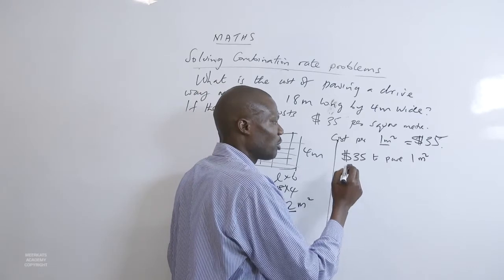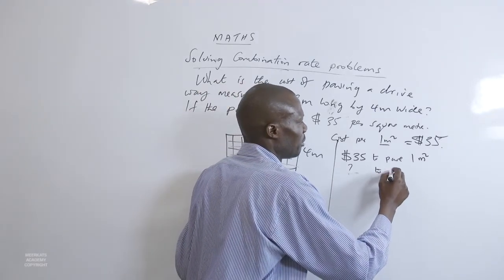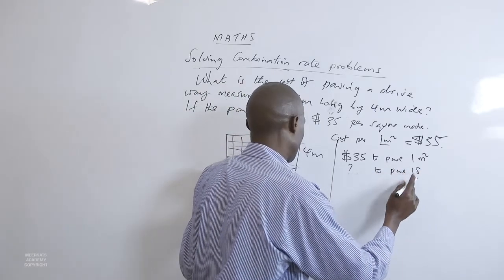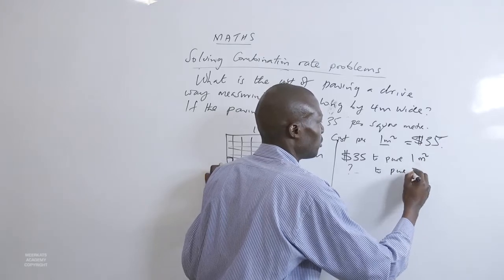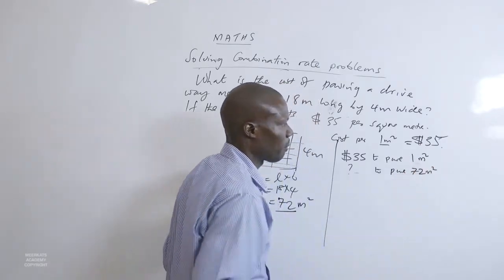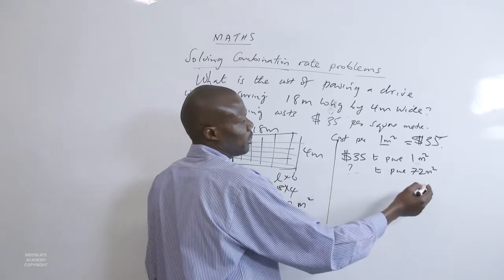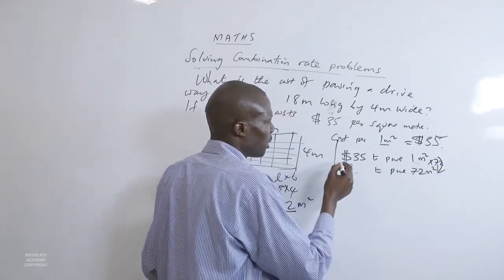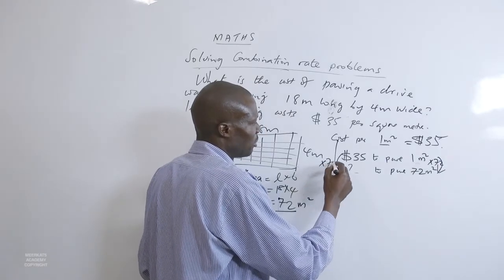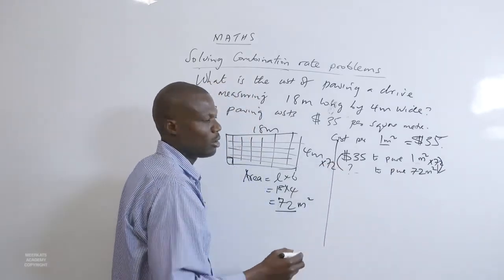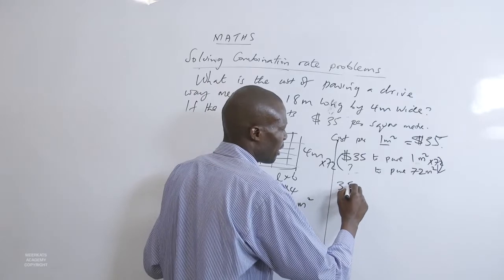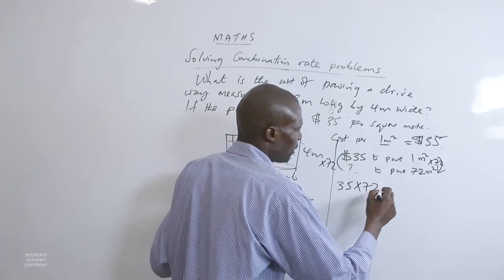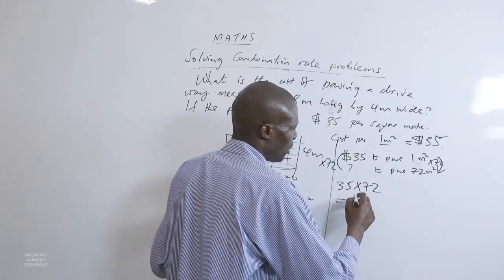How much will it cost to pave 72 square meters? So for us to reach 72 here, we should have multiplied by 72. So again, this side multiplied by 72. So we find that the answer will be 35 multiplied by 72, and it should be in dollars.